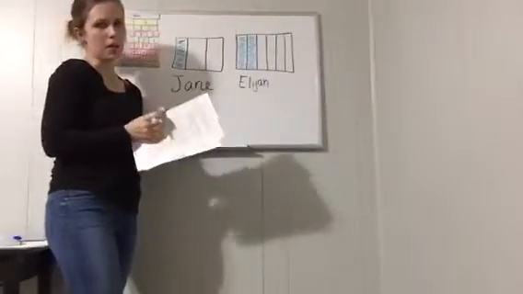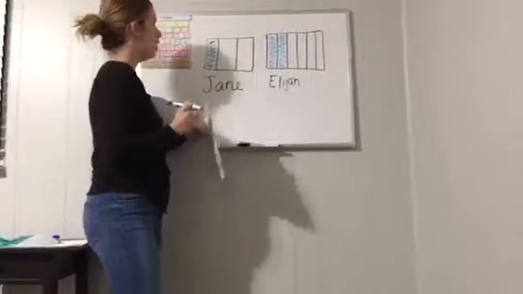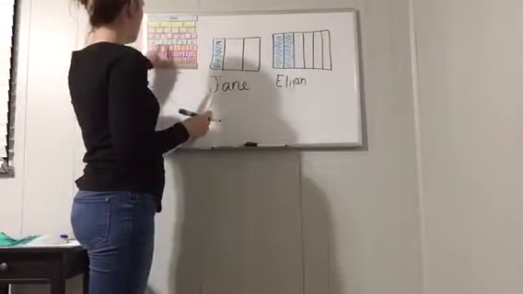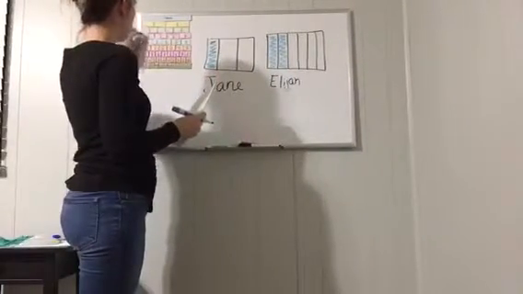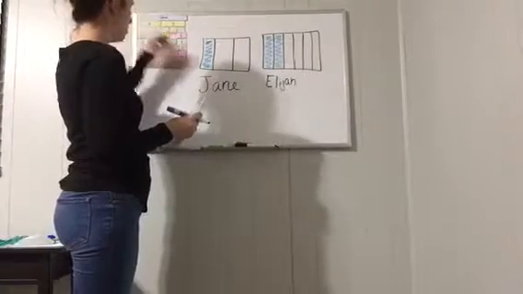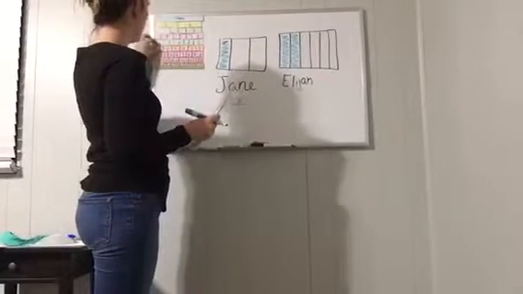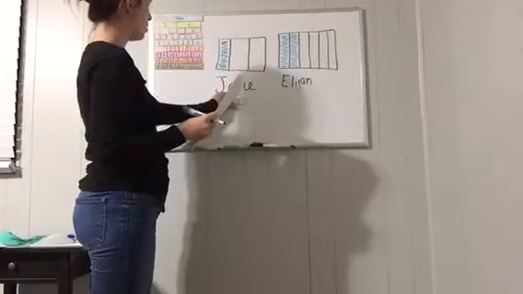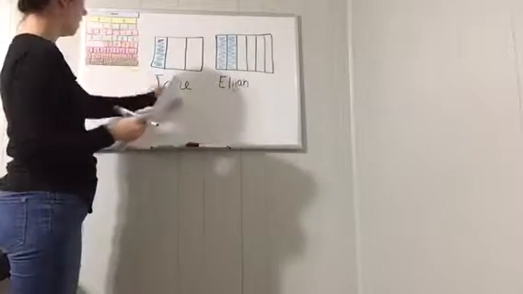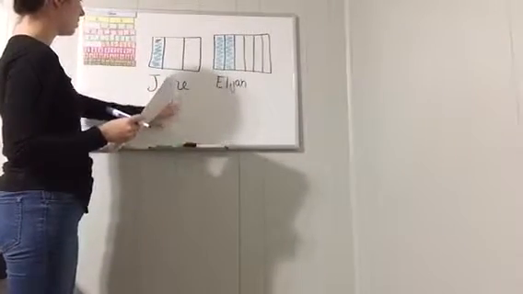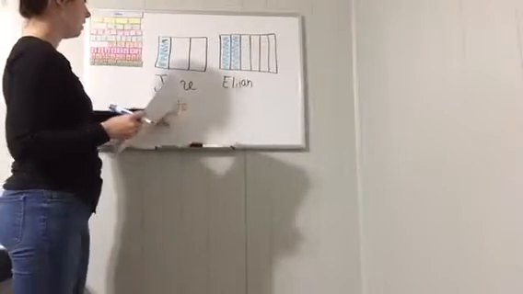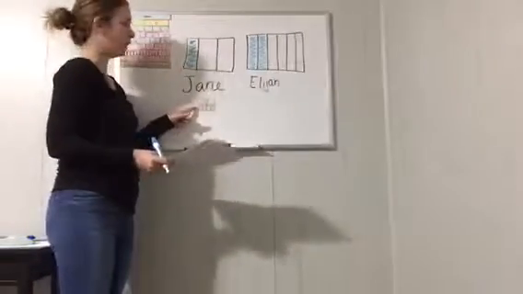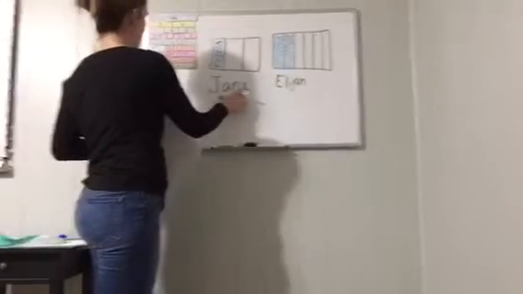So this is where the number line would come in handy again. Or they could simply look at their fraction strips. So Jane ate 1/3 and Elijah ate 2/6, and students would be able to see that they ate the same amount by looking at their fraction strips.